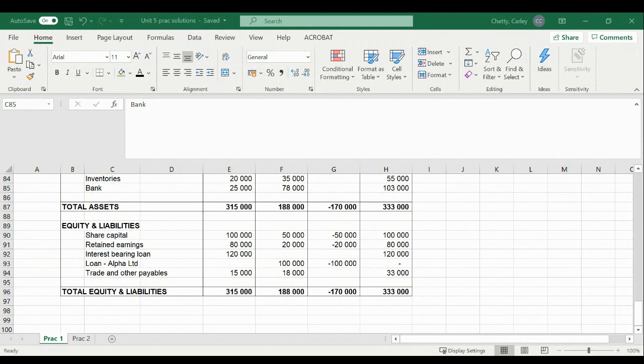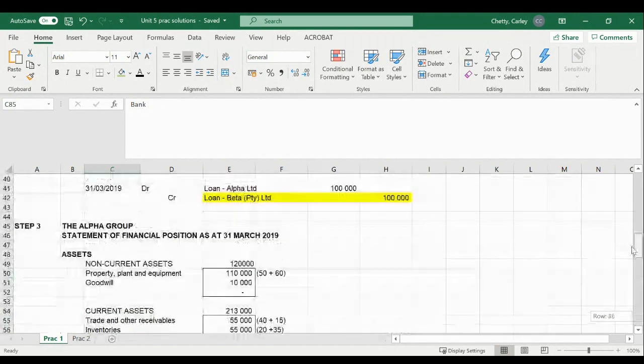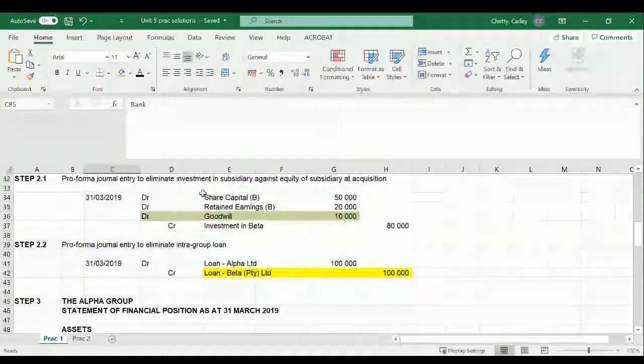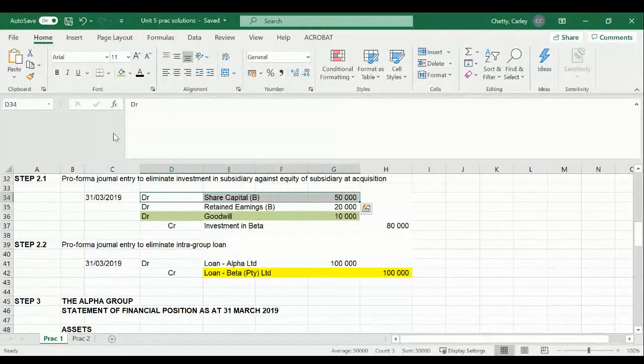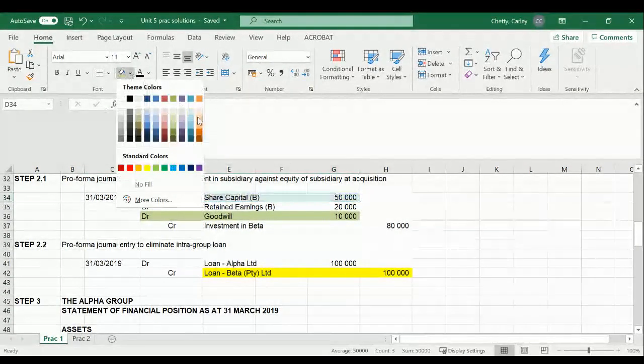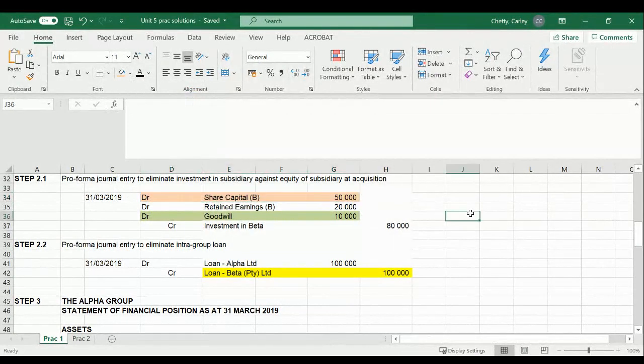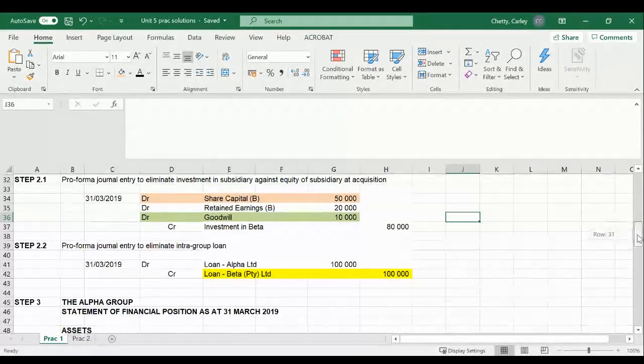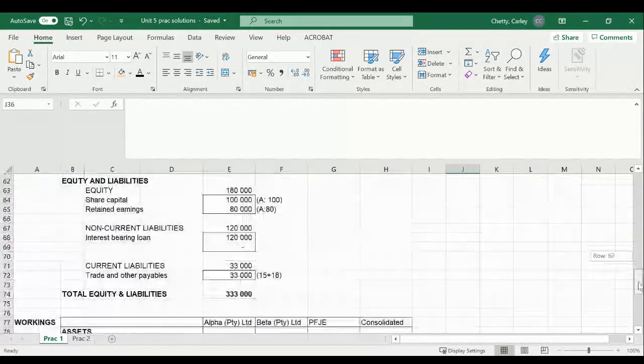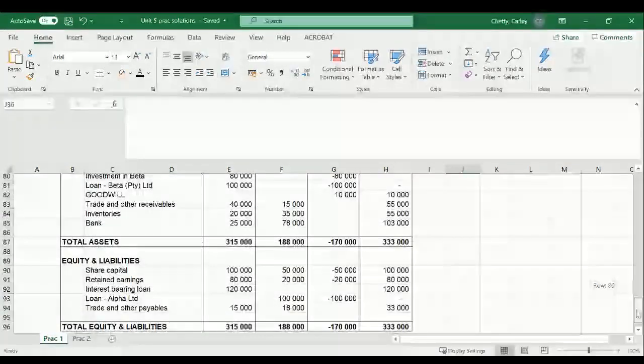And then remember, when we were processing our pro forma journal entries, we needed to eliminate the share capital in beta's books. So I've highlighted that in orange. So we're going debit share capital to eliminate the share capital in beta's books. So this represents the pro forma journal entry column over here.